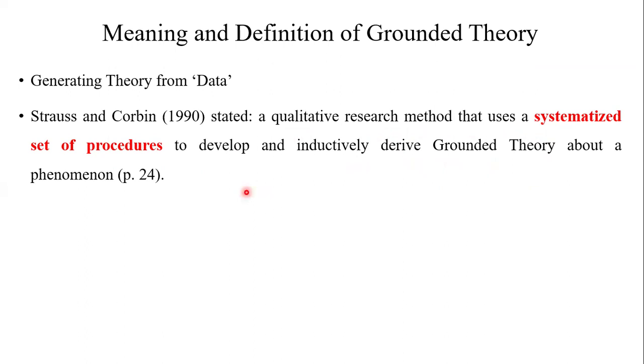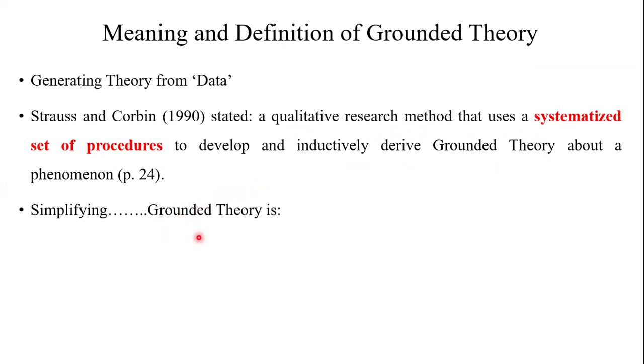So you are going to follow some systemized set of procedures, and I will let you know what the procedures are and how you would follow them to inductively derive your grounded theory about a phenomenon.